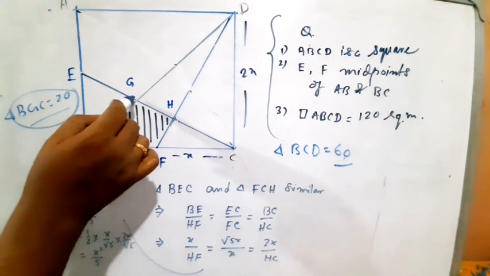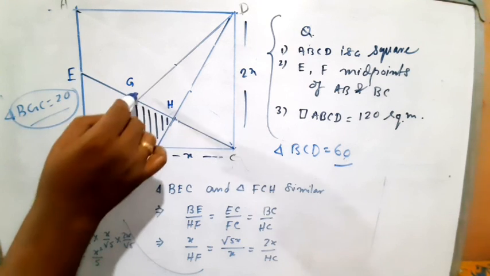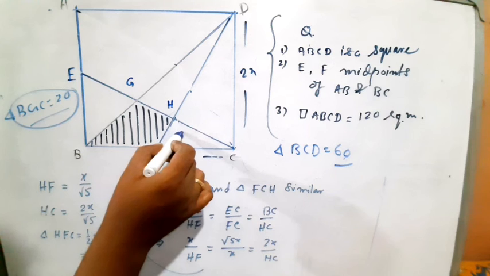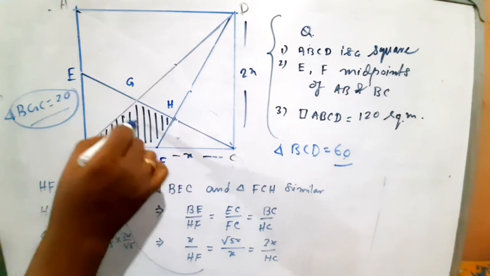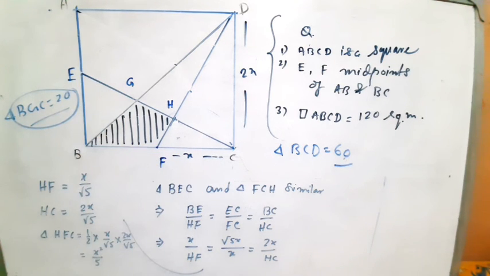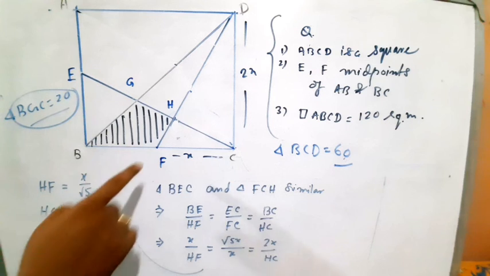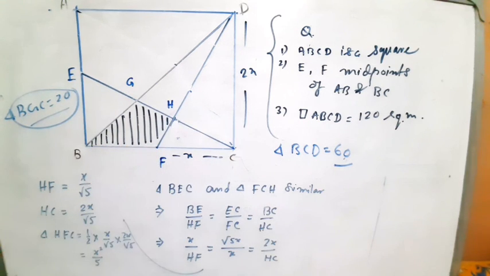Clear? Then the area of the shaded portion equals the area of triangle BGC, that means 20, minus this area. If we can find this area, then this can be calculated very easily. So how can we solve? Find the area of triangle HFC.